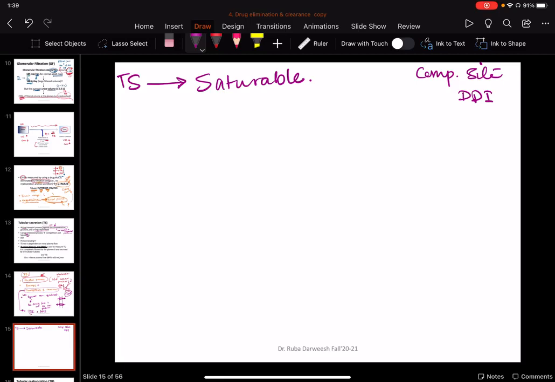Saturable has another name, capacity limited, or as we said, a non-linear process.